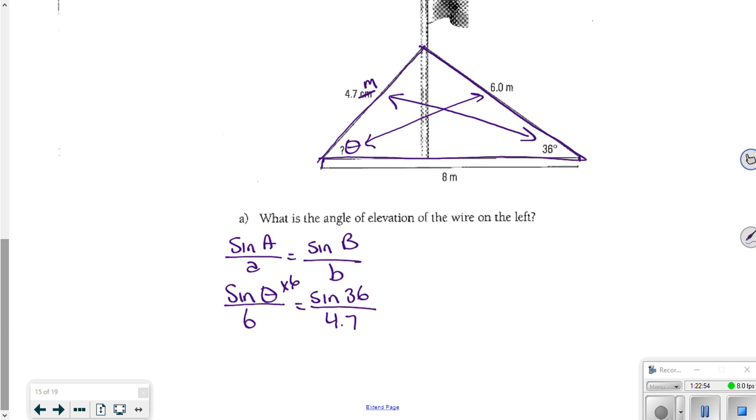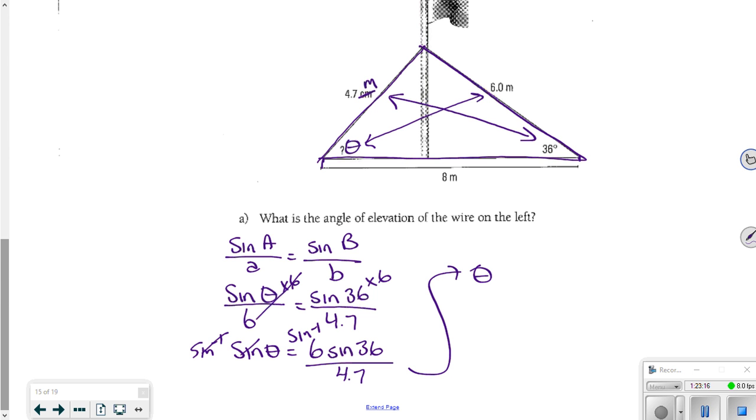times by 6 on both sides to get the 6 to cancel. Leaves us with sine of our unknown angle equals 6 times sine 36, all divided by 4.7. Inverse sine to get the angle totally alone. I'm going to go over here.